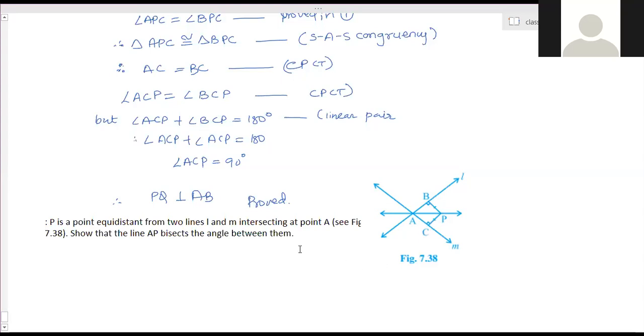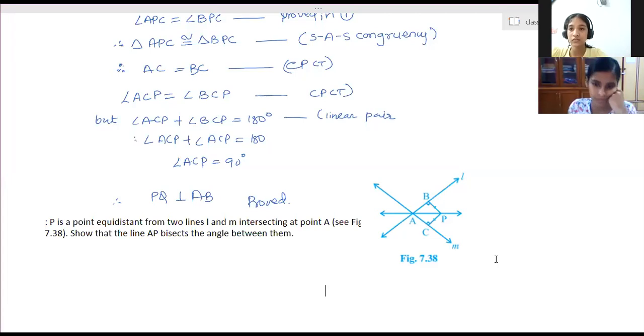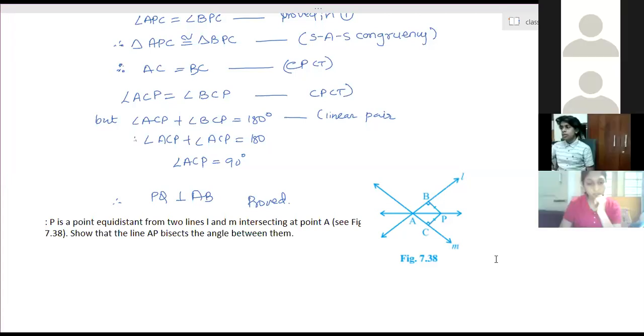Where is it given? They have marked it over there. Marked over, but what is the reason behind using it? They have marked, but there should be a reason for that.